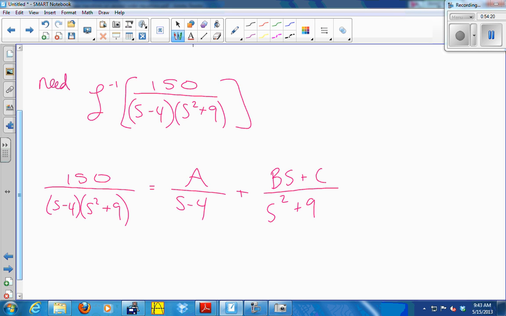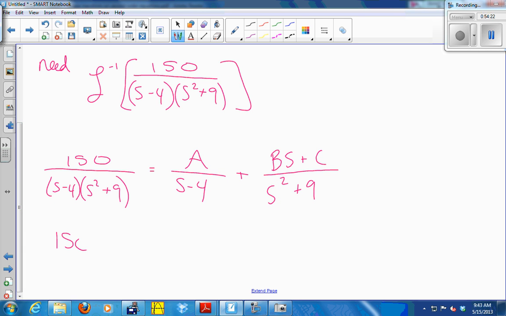Okay, so then we solve and we get 150 equals as squared plus 9a plus, and then I'm going to FOIL bs plus c times s minus 4, so I get bs squared plus cs minus 4bs minus 4c.